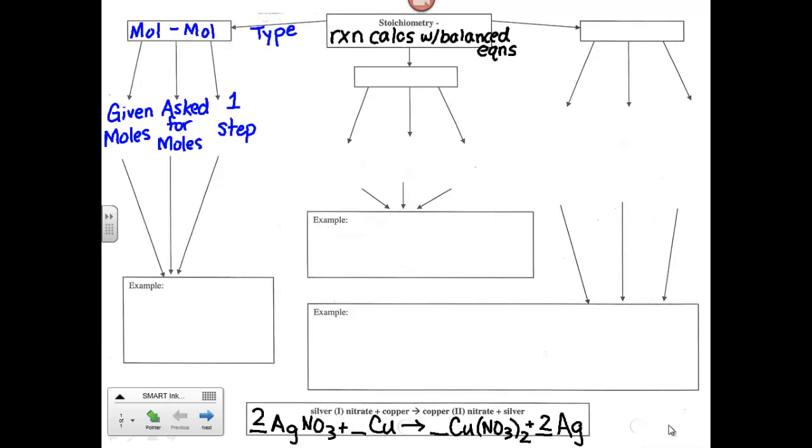So for a mole-to-mole problem, the story problem might sound something like this. If 0.75 moles of AgNO3 reacted with excess copper, how many moles of copper 2 nitrate would be produced?